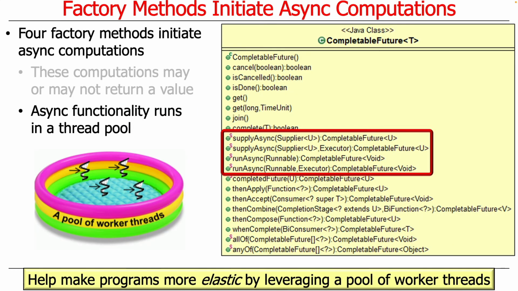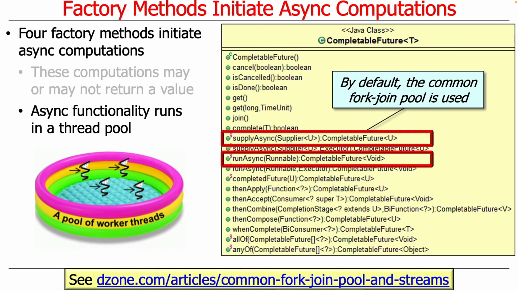For both these groups of APIs, the asynchronous functionality runs in a thread pool, and that, of course, helps to make the program more elastic, which is one of those reactive programming principles. The main difference is that two of them don't take a second parameter, and therefore they use the common fork join pool by default, which is fine.